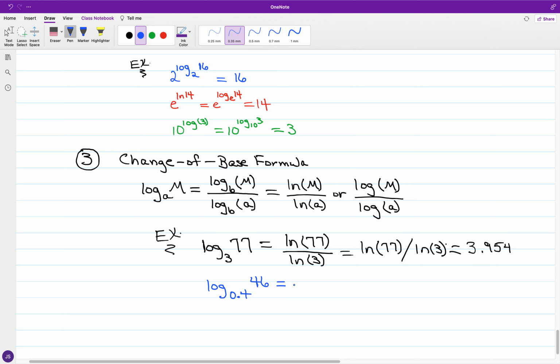I can go with ln once again, but if I go with log, we have the base 10 logarithm of 46 all over the base 10 logarithm of 4/10.